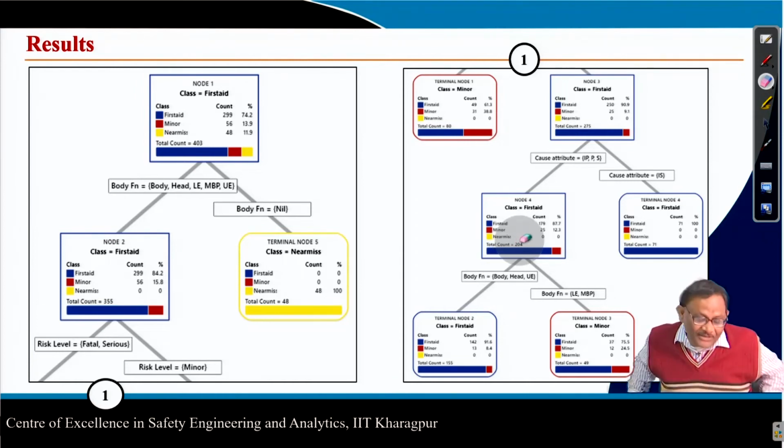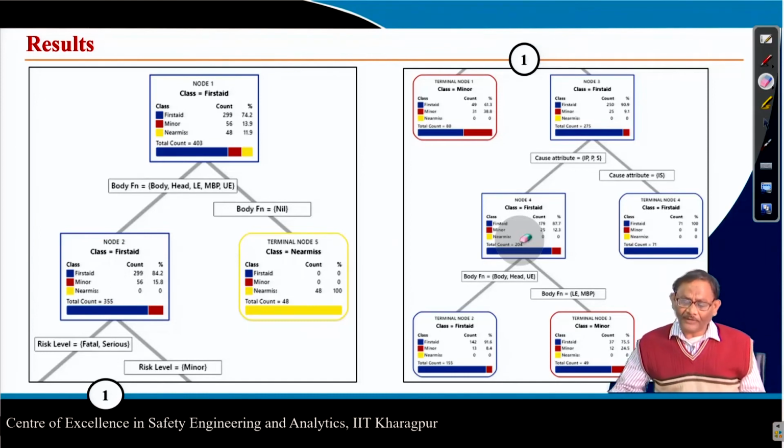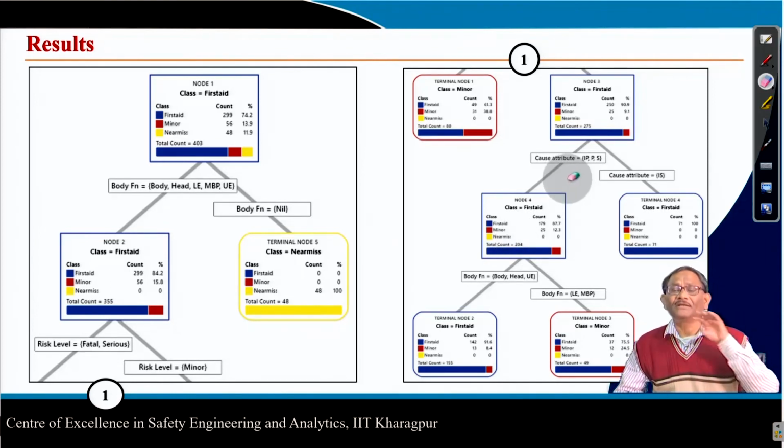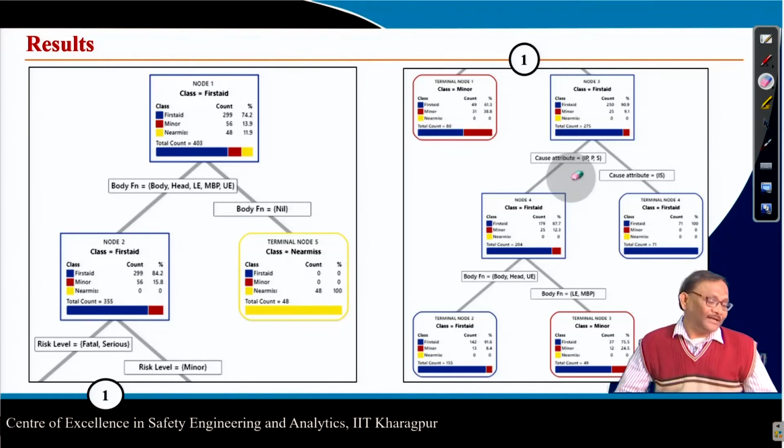So essentially you get a tree, and that tree not only helps you in classifying new observations, but it also gives you rules. From the classification tree you can develop rules also.